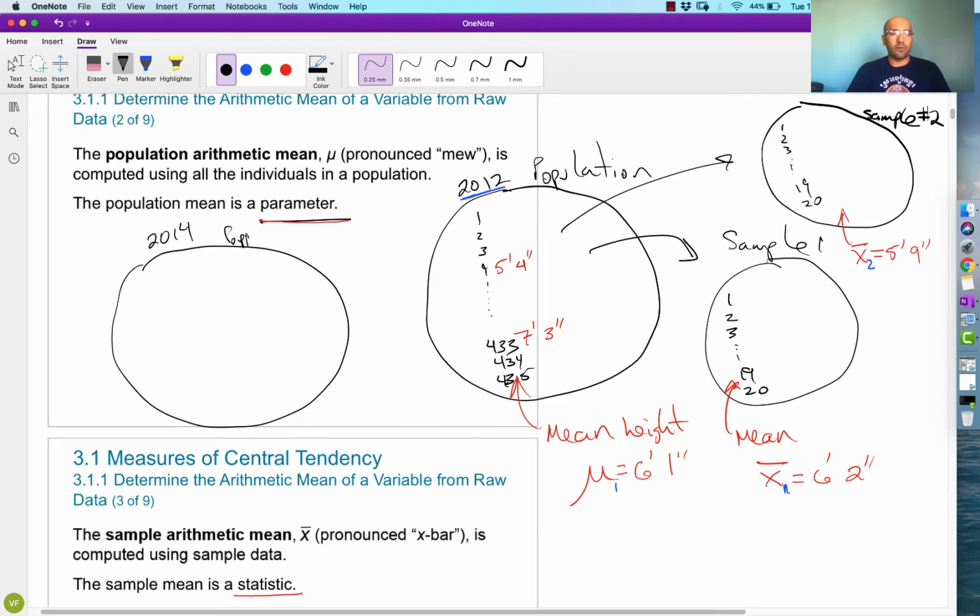Another group of 435 members, 2, 3, all the way out to 433, 434, 435.